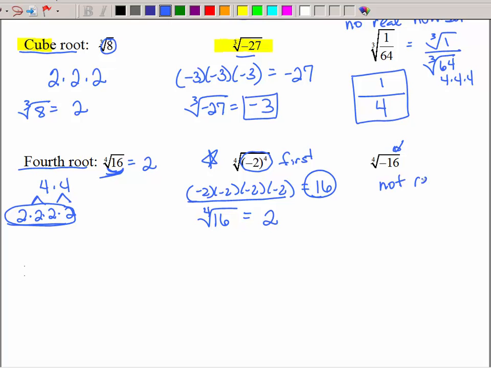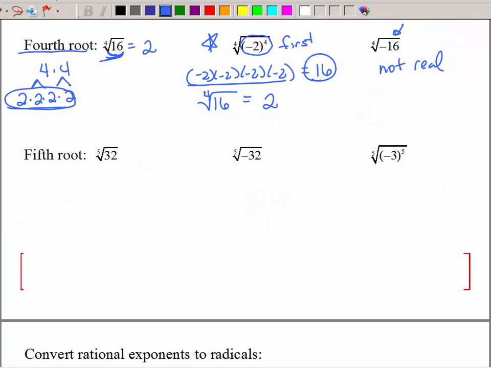This is not real. So let's take this one step further and let's look at the fifth root of 32. Well, again, I suggest that you break down 32 into something that you know, maybe 4 times 8, and I know 4 is 2 times 2, and 8 is 2 times 2 times 2. So how many 2's do I have? I have 5, so I'm looking for 5 of a kind.